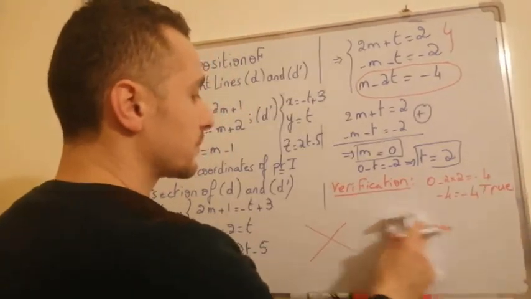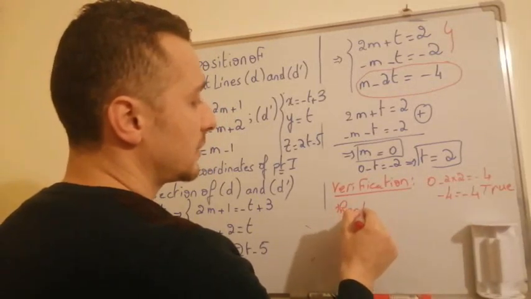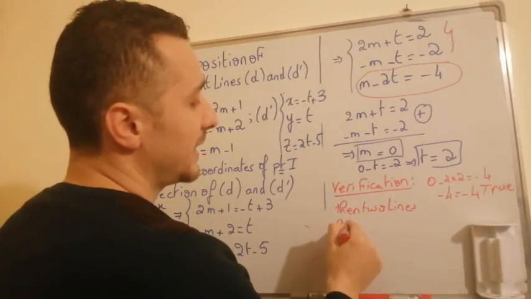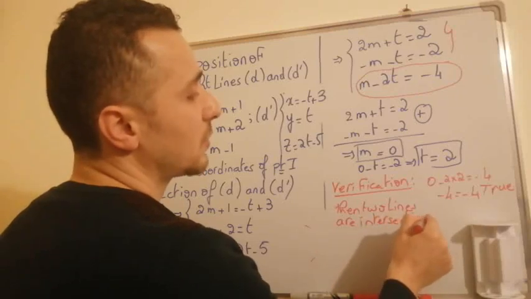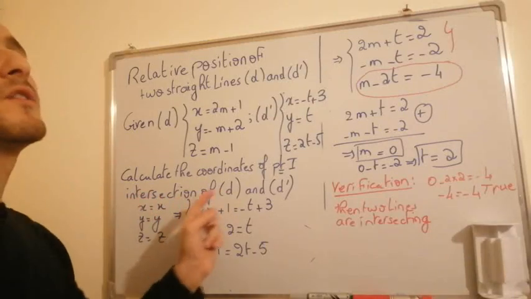Then the two straight lines are intersecting. How can we find the coordinates of the point I, the intersection of these two lines?